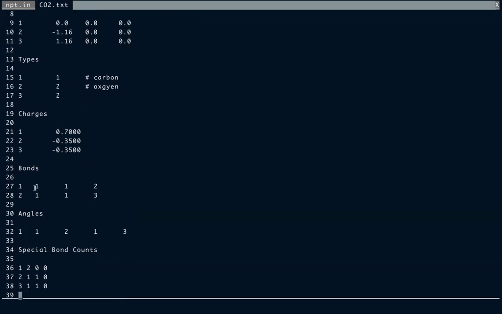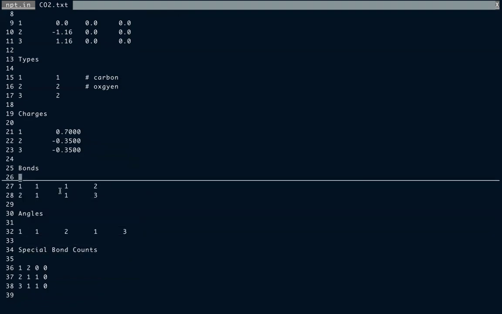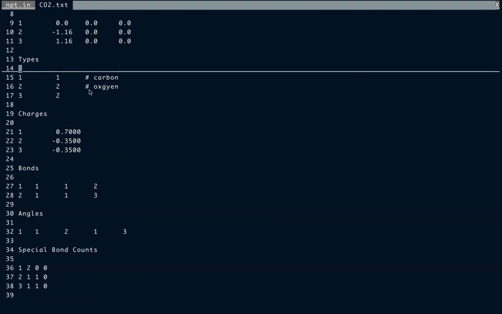And you also specify the bonds. When you say bonds 1, 1, and 2, what it tells you is that the first bond is of type 1, which is between atoms 1 and 2. As you know, 1 here is carbon and 2 is oxygen. There's a second bond, which is also of the same type, given as 1, between carbon and oxygen.